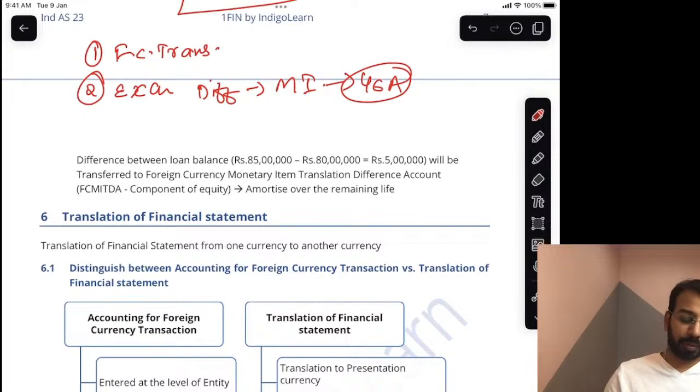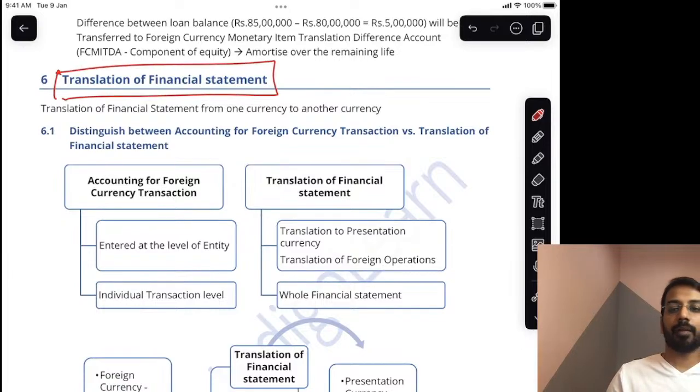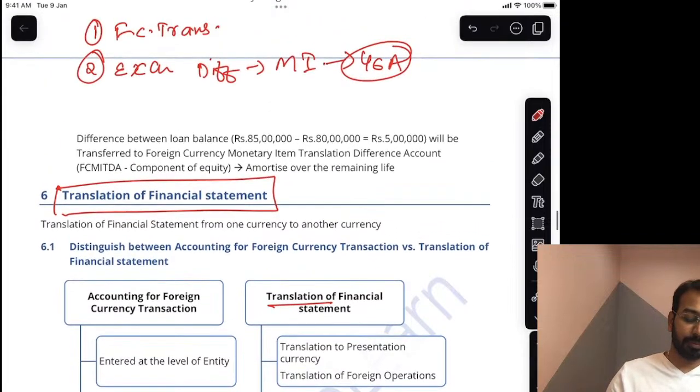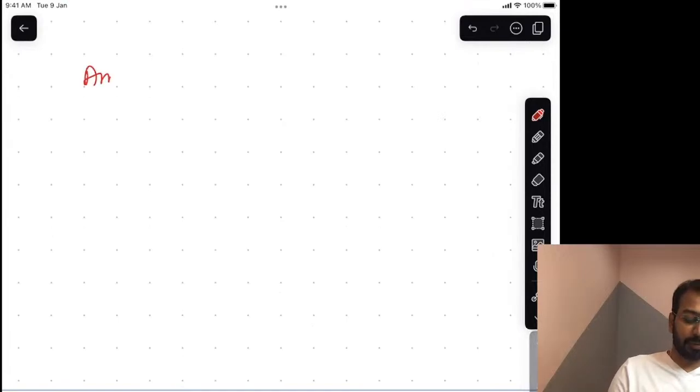Now the next important aspect that we need to understand is translation of financial statements. Now, what is translation? See, a transaction is a one-to-one transaction. Entity sold goods to a customer. It is a transaction. Translation is basically, for example, let us say you have Amazon US and you have Amazon India.